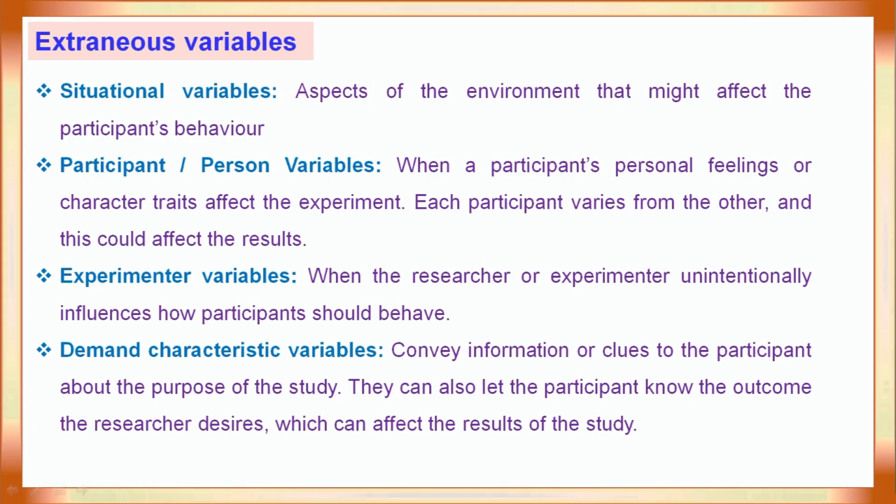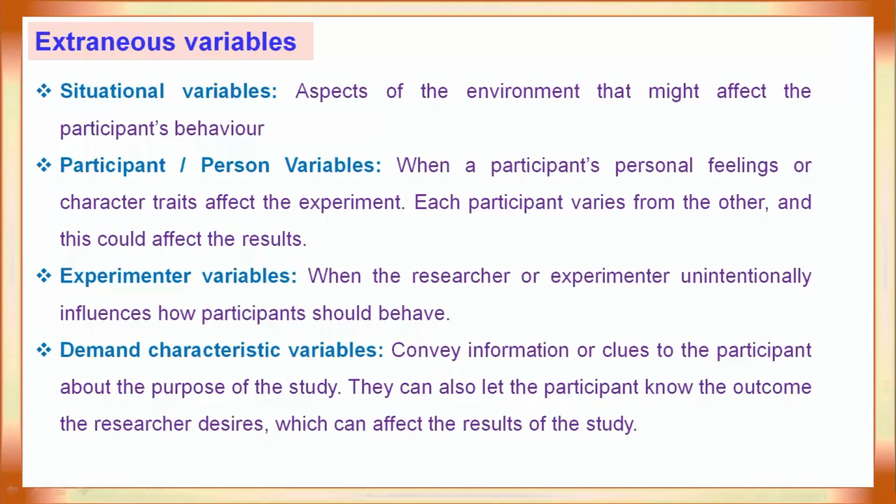And the last type is the demand characteristics type. If you leave aside the experimenter, participant and situational types, there may be certain cues present in the experimental environment, and the participant can take those cues and behave in a certain way.